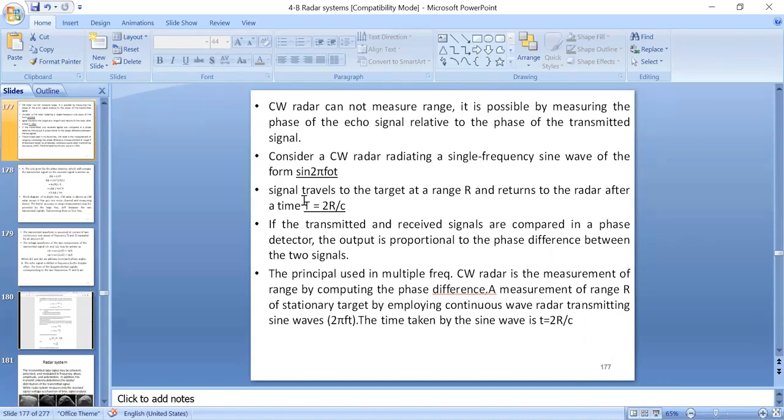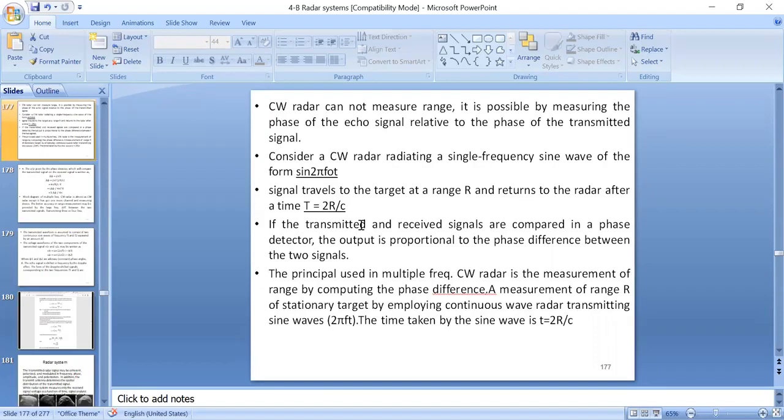So here we are analyzing the time required for the echo signal to reach the radar system again.